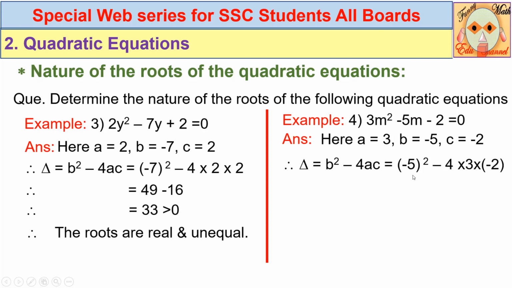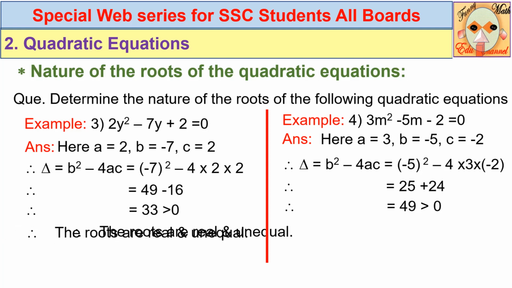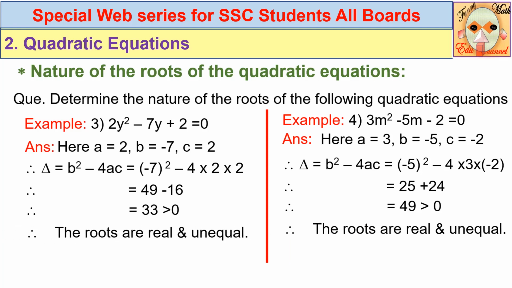Going on simplifying, minus 5 square is 25, and here 4 threes are 12, 12 twos are 24. So delta equals 25 plus 24, that is 49, which is greater than 0. And greater than 0 means the roots are real and unequal.